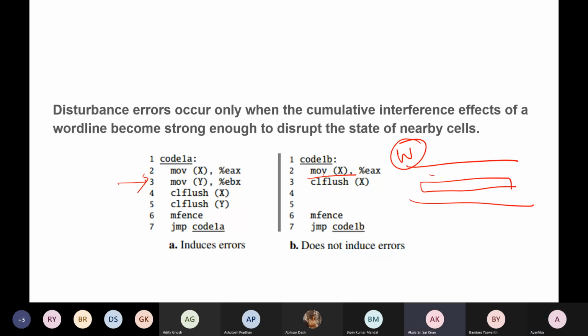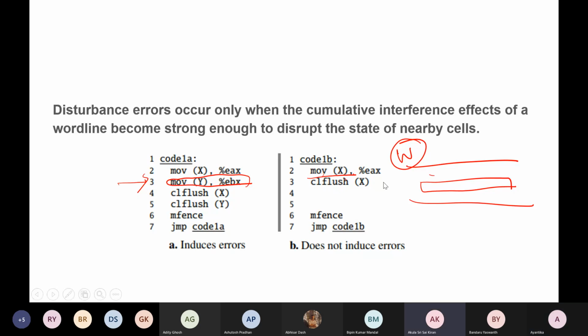You are ensuring that X and Y belong to different rows but are in the same bank. That is the assumption, and that homework is done before by reverse engineering. So then you are just fetching one data, accessing one row. That's why it is not creating the error. Clear?